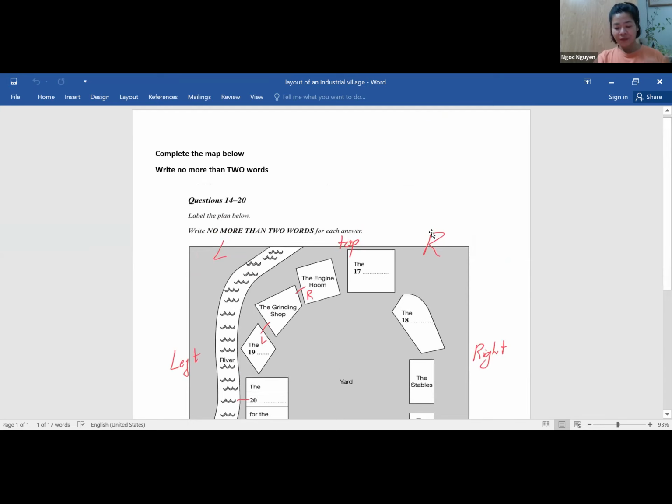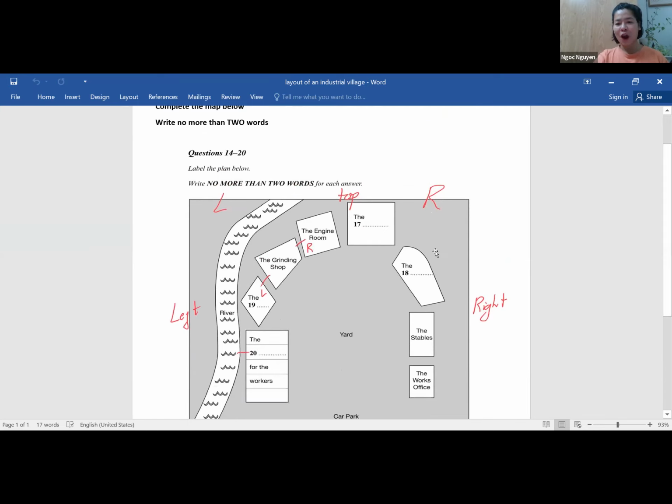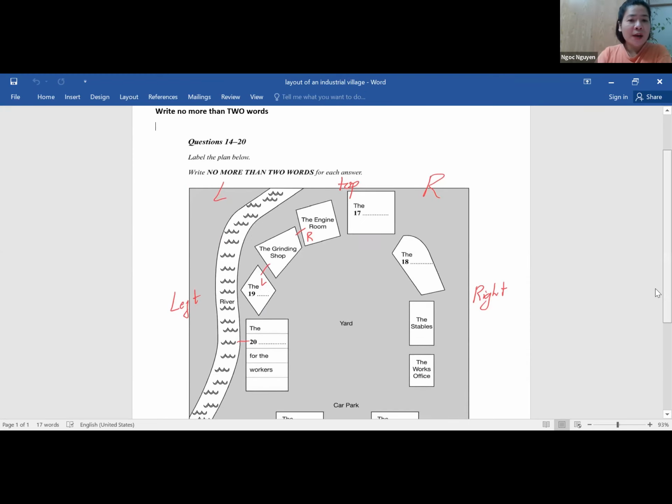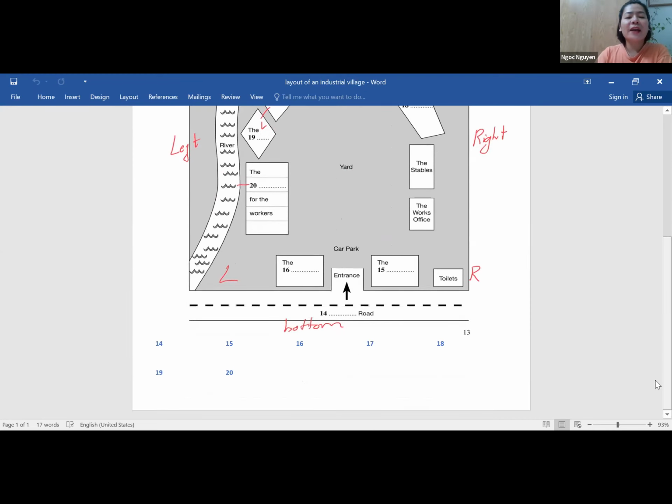You see a lot of R's, or the word right, here because we want to reduce the possibility that you have to move your eyes too often while listening. You will need to answer questions 14 to 20, which are at the bottom.